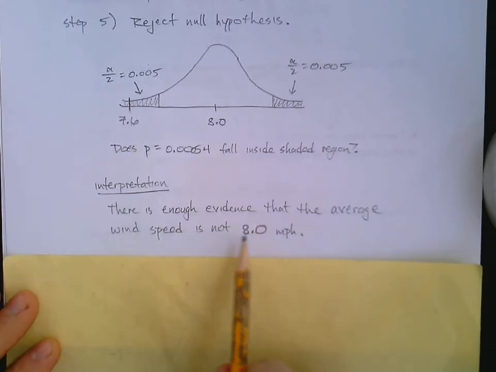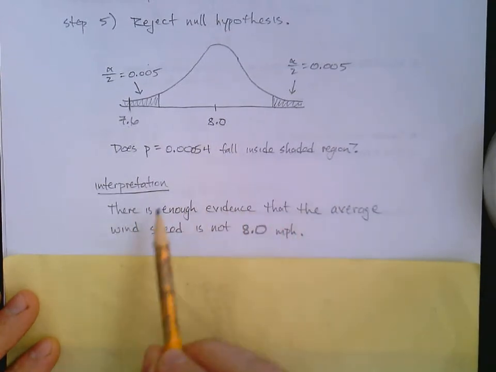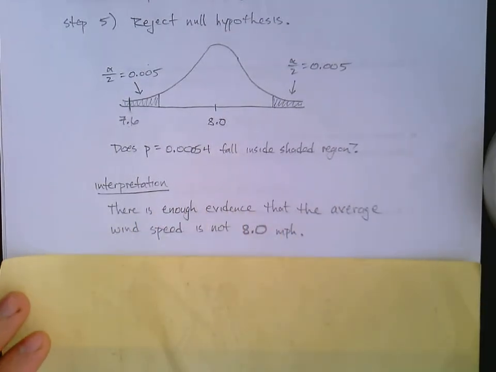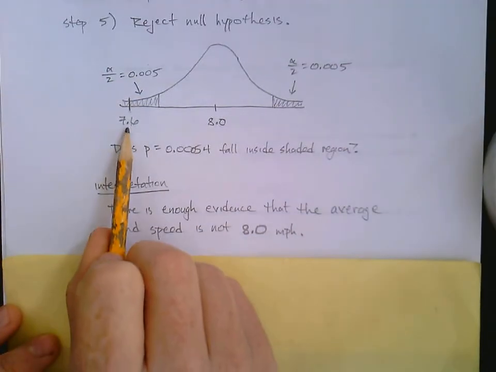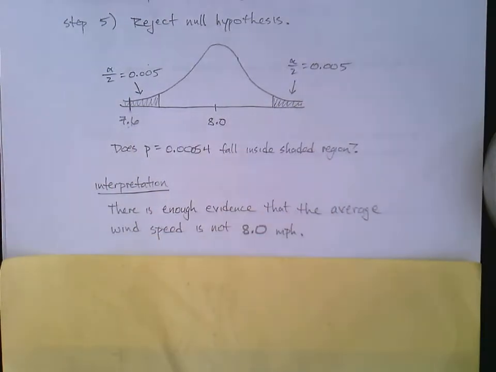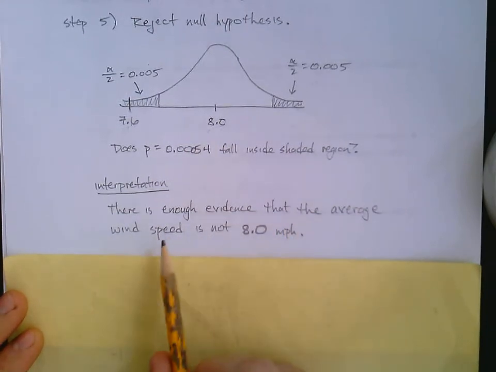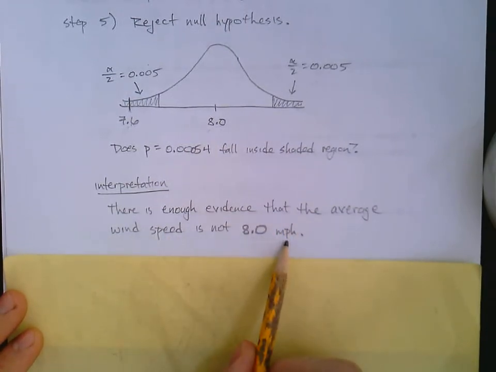Notice at no time does the 7.6 come into our statement, because that's not what we were asked. The question said, is there enough evidence that the wind speed is not 8.0? This just happens to be the value we got from one sample. We're not trying to make any claims that this is the true average. We're just saying the true average is not this. There is enough evidence that the average wind speed is not 8.0.